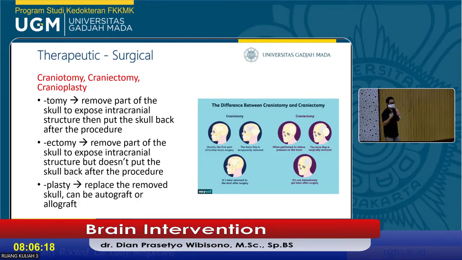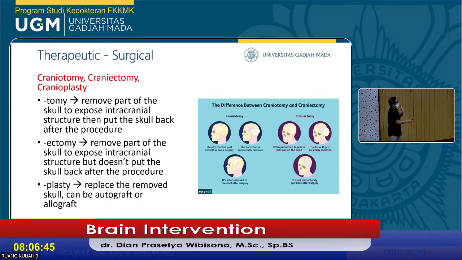Maybe to remove blood, maybe to remove a tumor. And then after the procedure, the skull is put back to its initial site. Okay, so right here, this is the first, then we open, and then we put it back to its initial site. That is craniotomy.